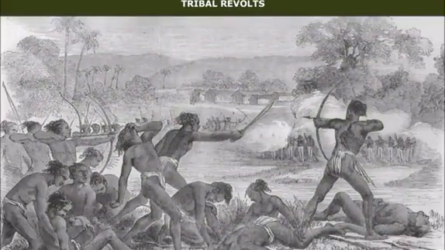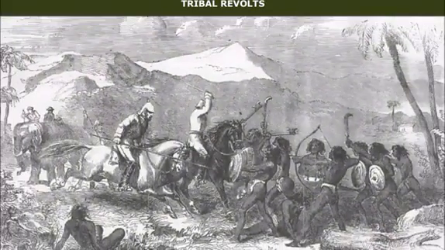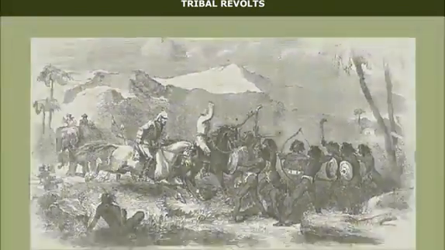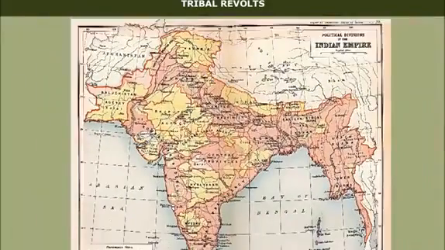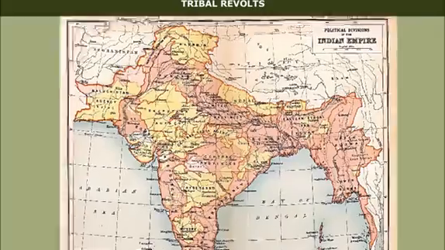Tribal revolts. The tribal people too revolted against the British for depriving them of many of their age-old privileges in connection with the use of forest resources. The violent Munda revolt in Chota Nagpur area in 1881 to 1885. The second revolt took place in 1889 and was suppressed in 1900.